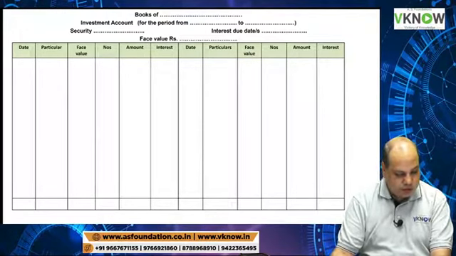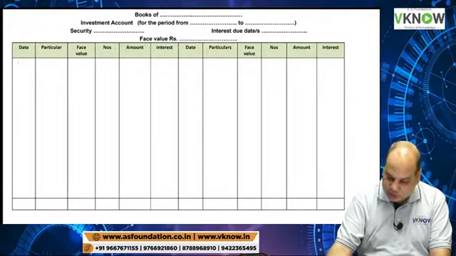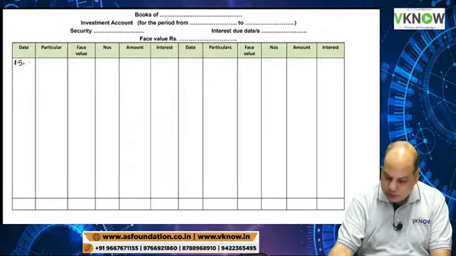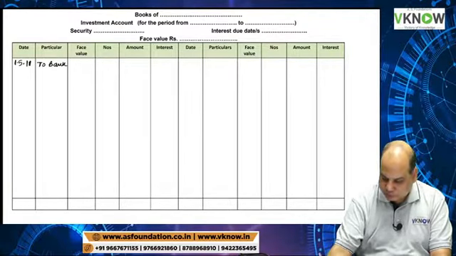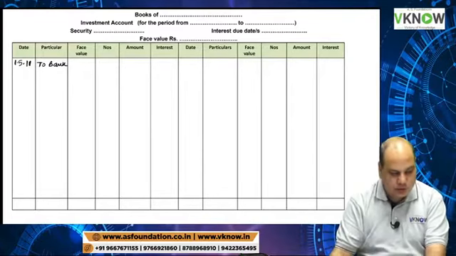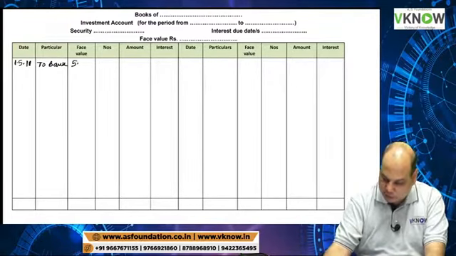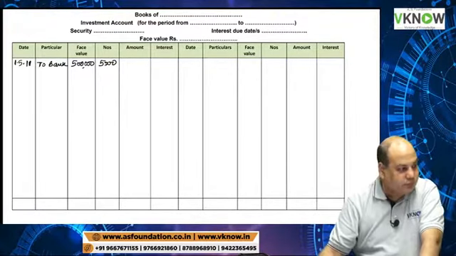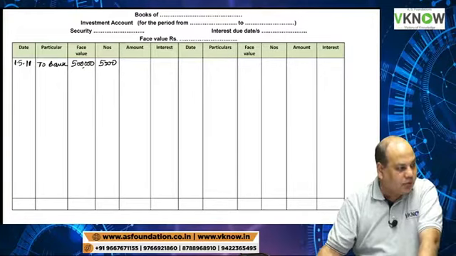So we are going to start from 1st May. There is no opening balance. Directly purchase entry to bank. First line of the question, 5 lakh face value, 5,000 number.